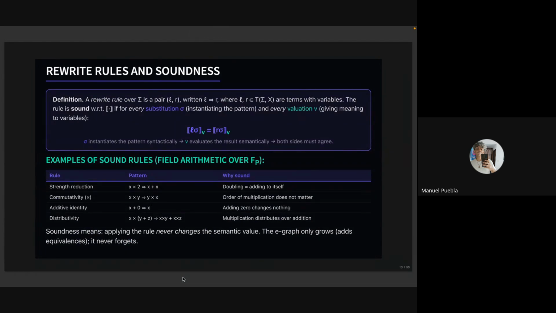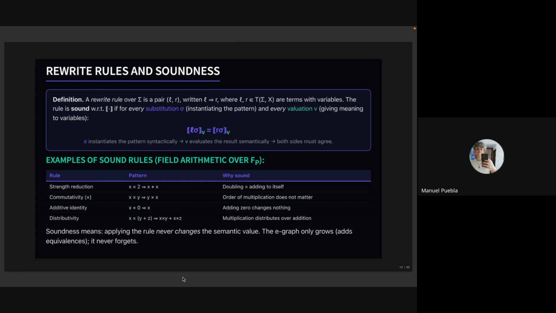So what are rewrite rules? A rewrite rule is a subset of the Cartesian product of the term algebra with itself. In terms of elementary algebra, a rewrite rule is a relation that satisfies this additional property. A rule is sound with respect to semantics if for every substitution instantiating the pattern and every valuation, we get equality.